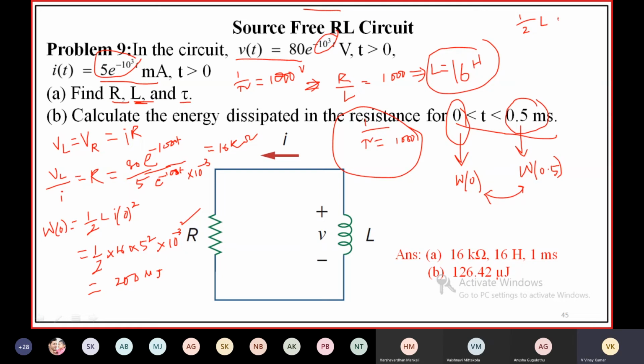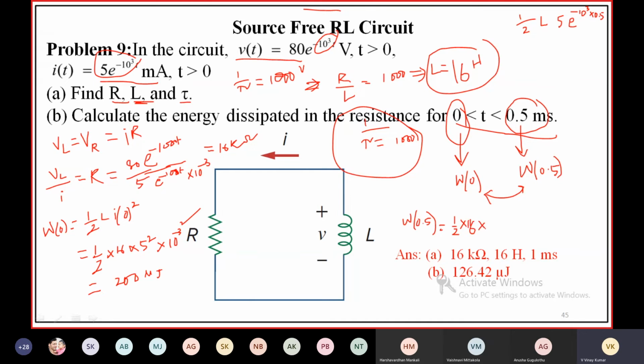Okay, what is I? 5 into e power minus 10 to the power of 3 into 0.5. Let us find over here. W 0.5 is equal to half L, L is 16.